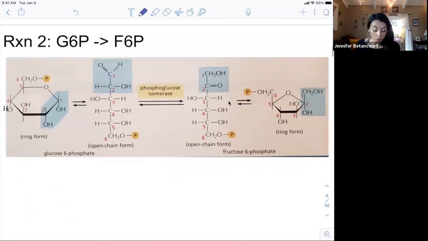Okay, so reaction 2. What I'm going to say here is that the titles for these slides use the abbreviations, but the pictures that you see here have the full names, and those are the names that you need to know.